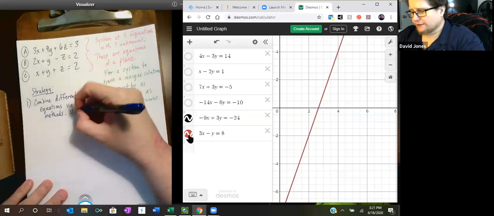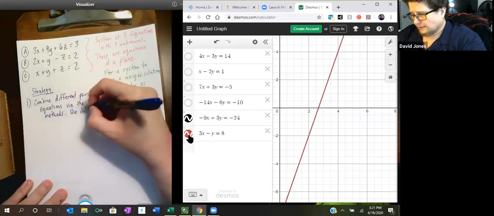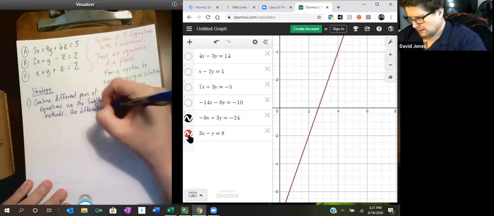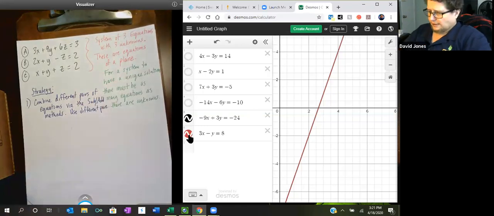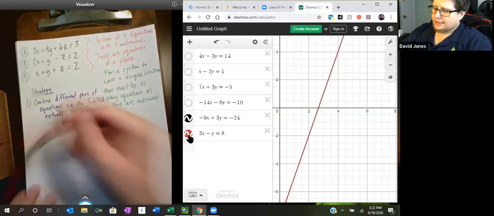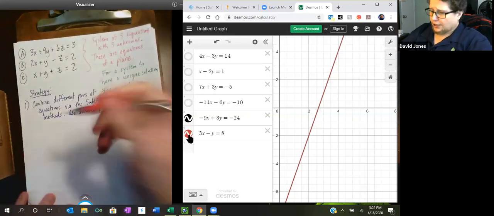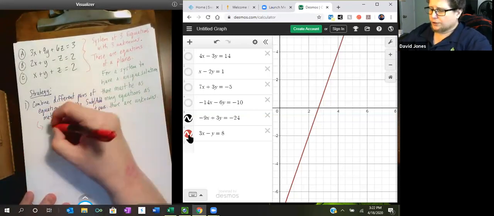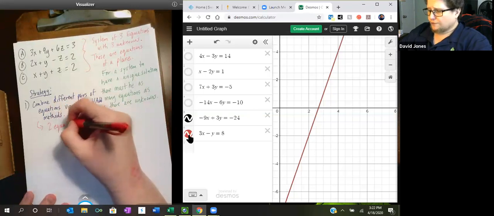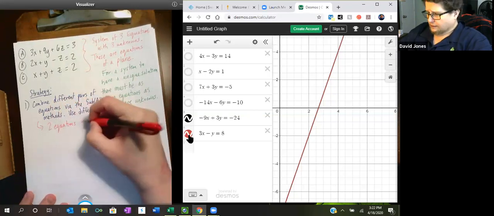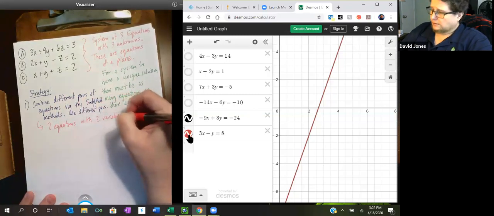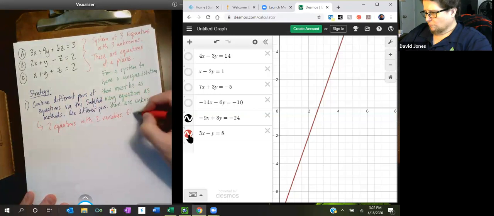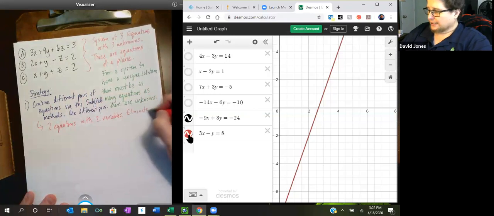And you want to use different pairs. What this does is this gets you down, and you're going to do it in such a way that you end up with 2 equations with 2 variables. So eliminate one of the variables in this process.